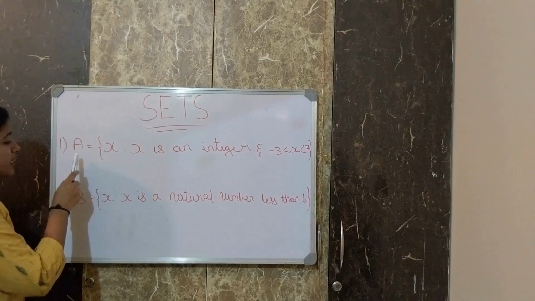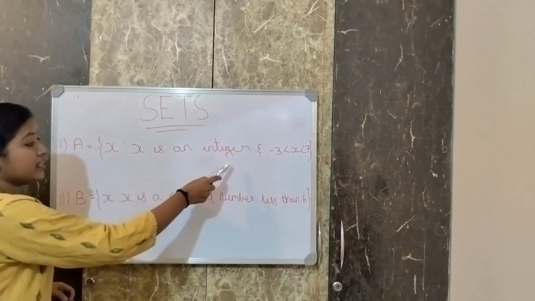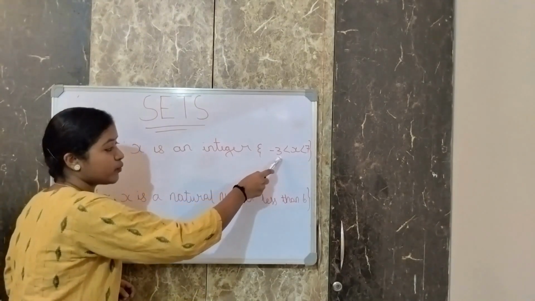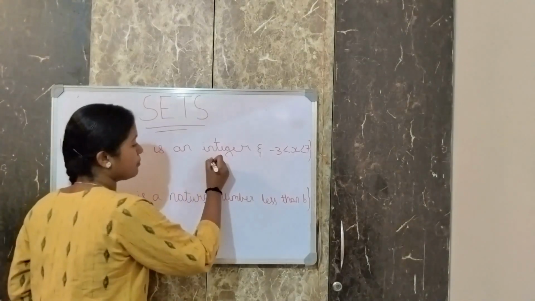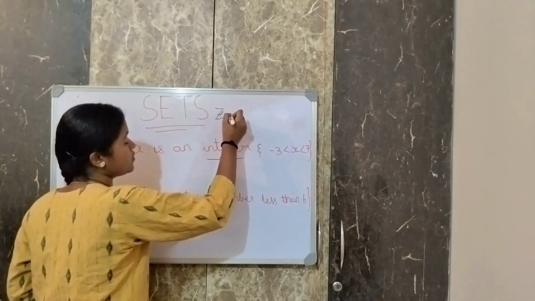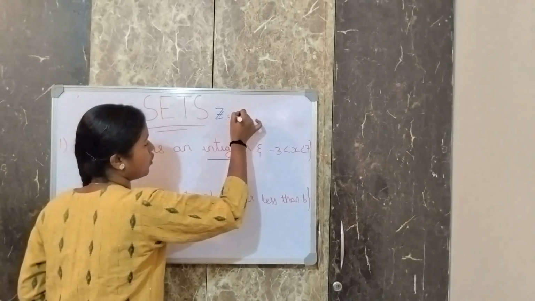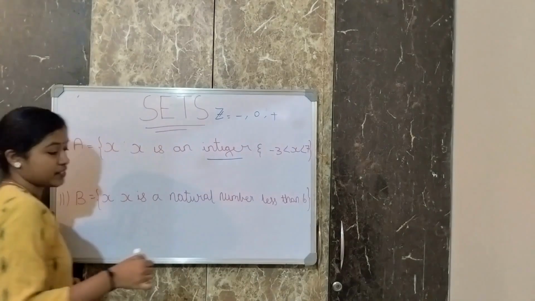They have given set A equal to x such that x is an integer and x lies between -3 and 7. So here, first, what do you mean by integers? As we already know, integers are the numbers which consist of all the negative numbers, 0, and all the positive numbers, right?